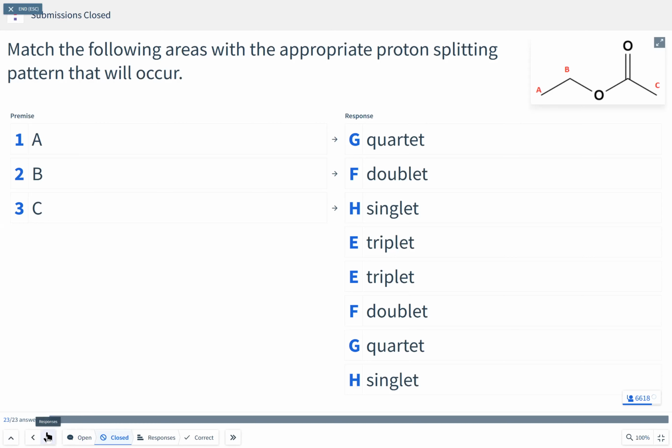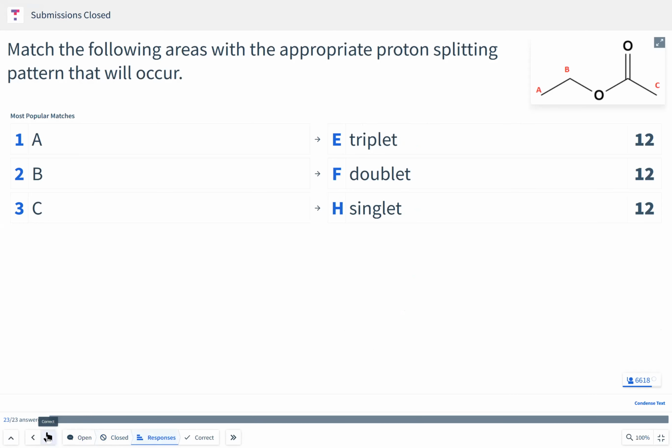Okay, let's see what we said here. We have 12 people in agreement roughly, or maybe 12 people said A is triplet and so forth. Let's go through this real fast. So A has how many neighboring protons? 2.